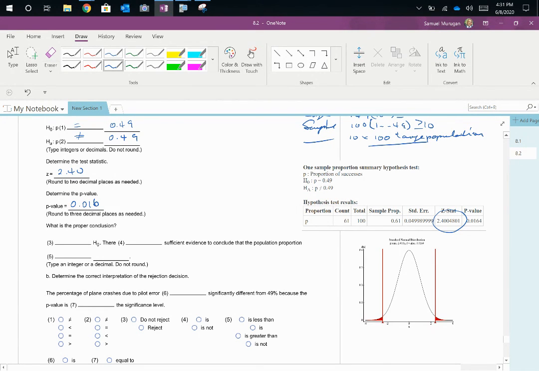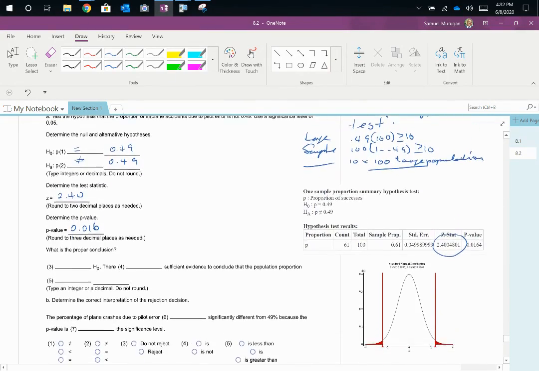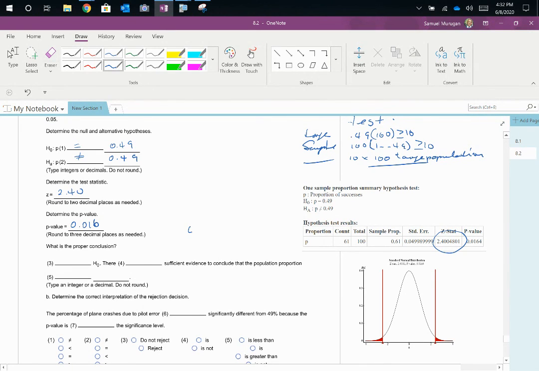So we're given that the significance is 0.05, so 0.016 is less than 0.05. That means we're going to reject the null hypothesis. Reject, since it's less than. Remember, if it's greater than, do not reject.